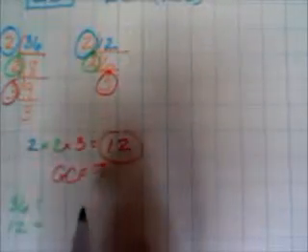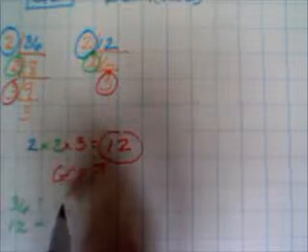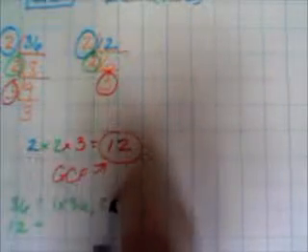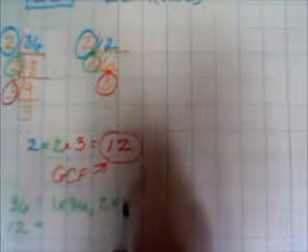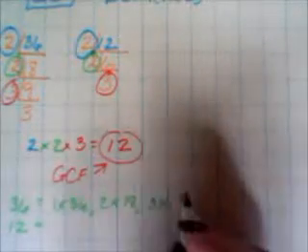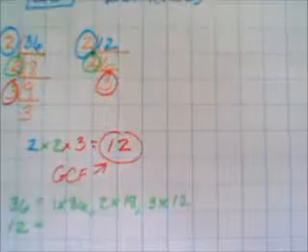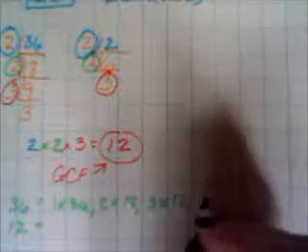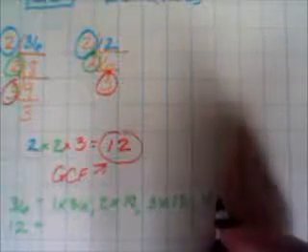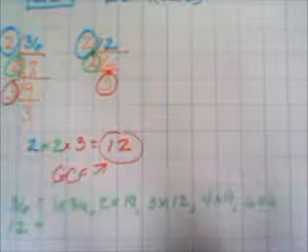And of 36, the factors are 1 times 36, 2 times 18, 3 times 12, and 4 times 9, and 6 times 6, right?